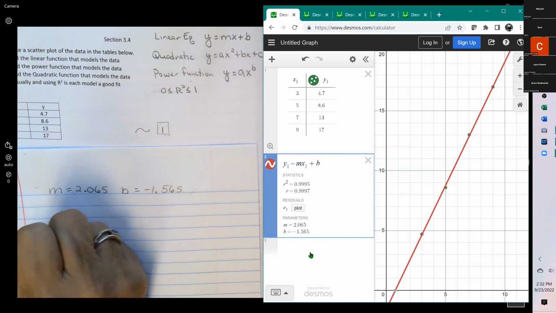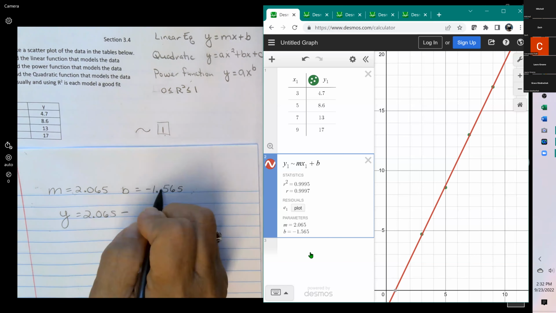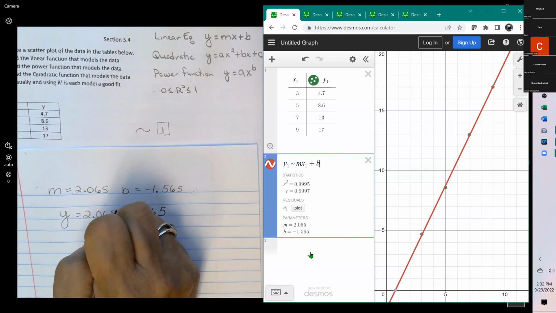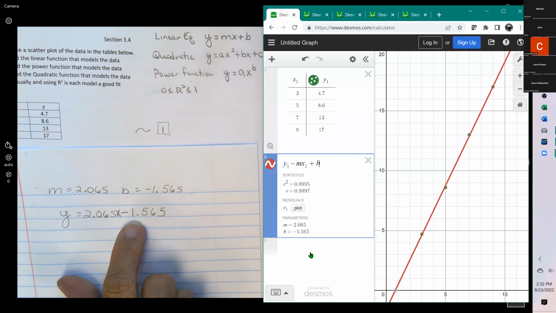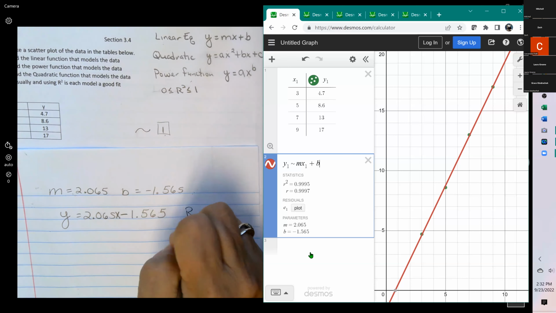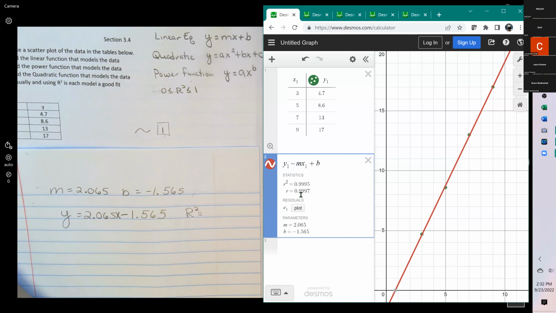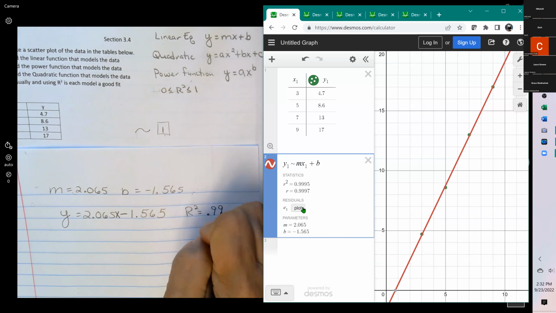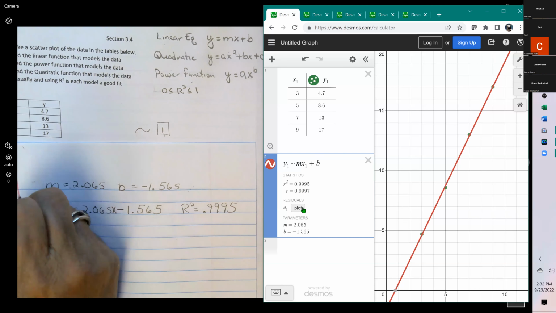So your equation, y equals 2.065x, and don't forget to put your x, and then b was a negative, so I subtracted 1.565. My r squared right here, 0.9995. So that's your linear.